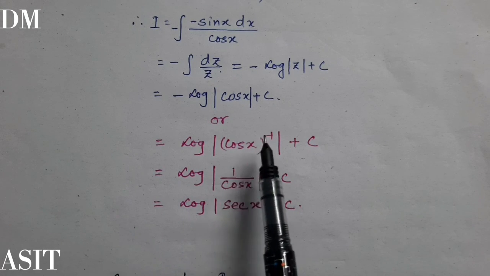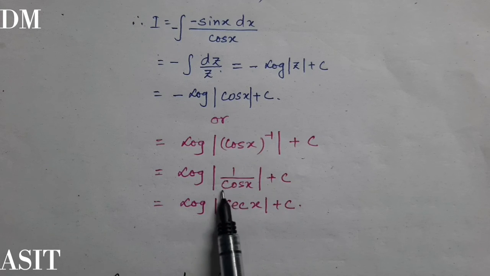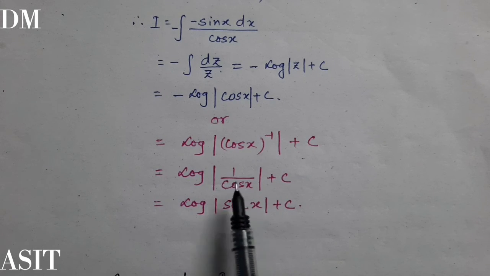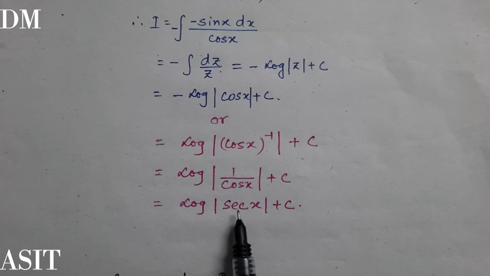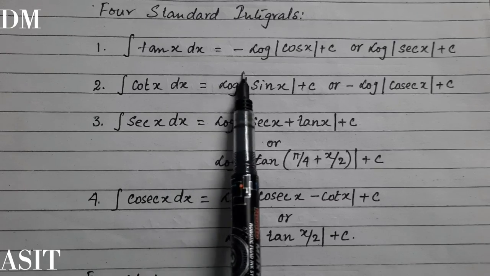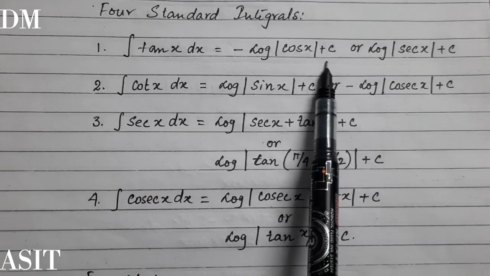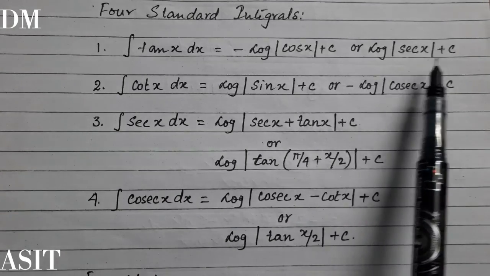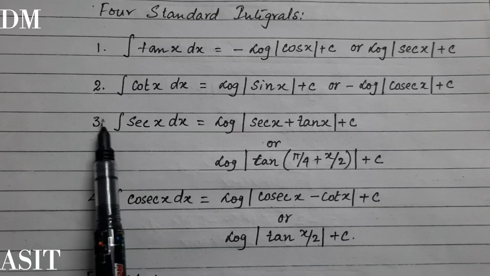Now cos x whole to the power minus 1 is equal to 1 by cos x, and 1 by cos x is secant x. Hence we got the result, that is integration of tan x dx is minus log mod cos x plus c or log of secant x plus c.